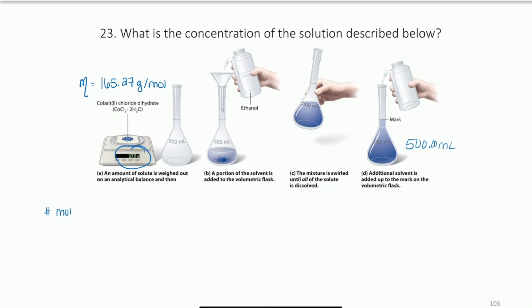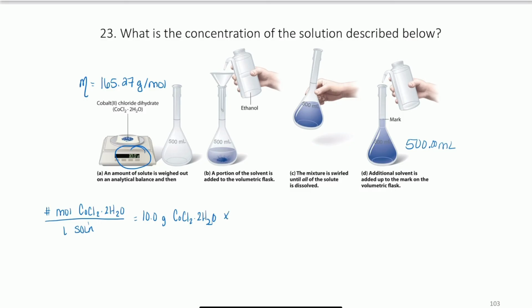It's concentration, number of moles of cobalt(II) chloride dihydrate divided by liters of solution. I have 10 grams of CoCl2·2H2O.